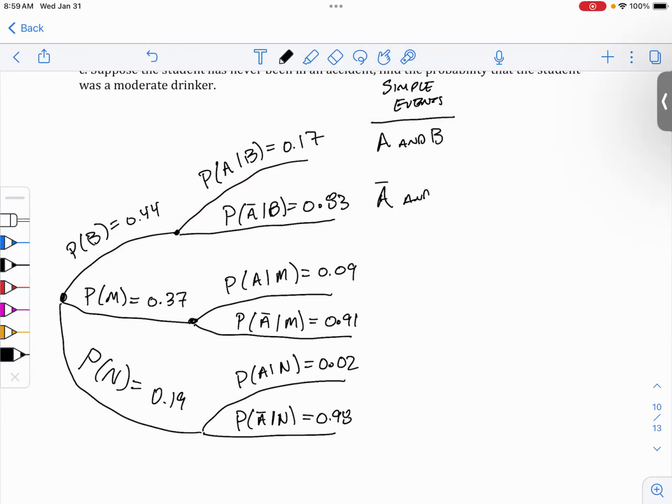Similarly, not A and B, and A and M, and not A and M. That creates our list of all the simple events.